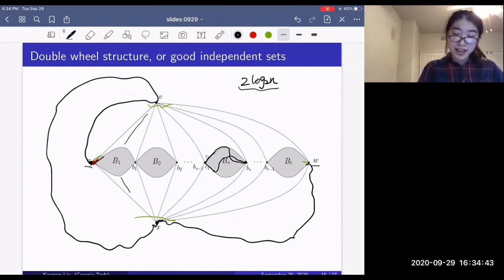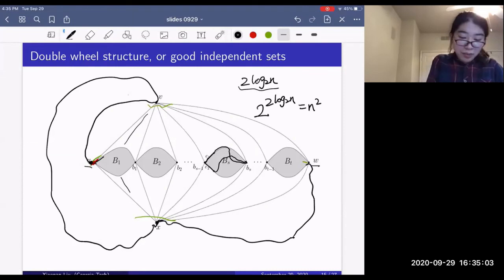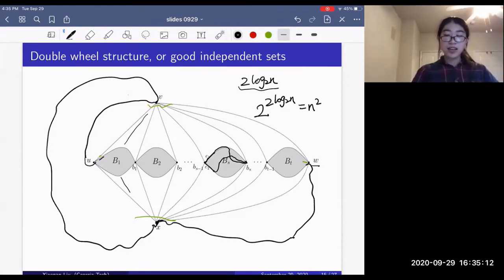So if there are at least 2 log 2n blocks such that there are at least 2, then we can find U and W with at least 2 to the 2 log 2n, which is n squared, Hamiltonian paths between U and W. So then we can find n squared Hamiltonian cycles in G.